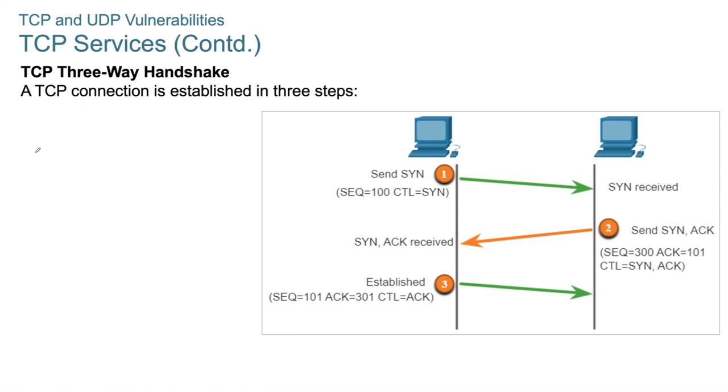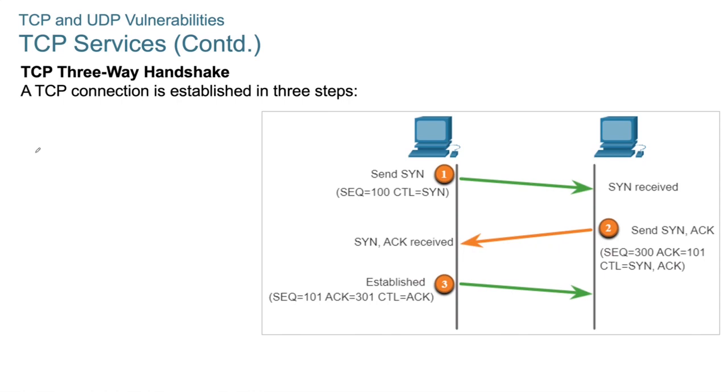Then it gets the acknowledgement for that synchronization, the sender or the client. Then the connection will be established, and both parties agree to communicate at the same flow control.